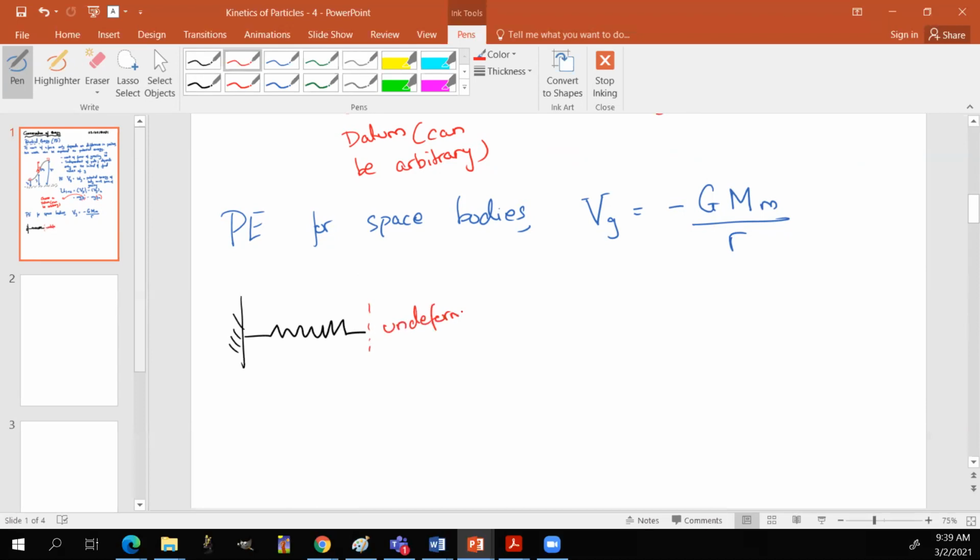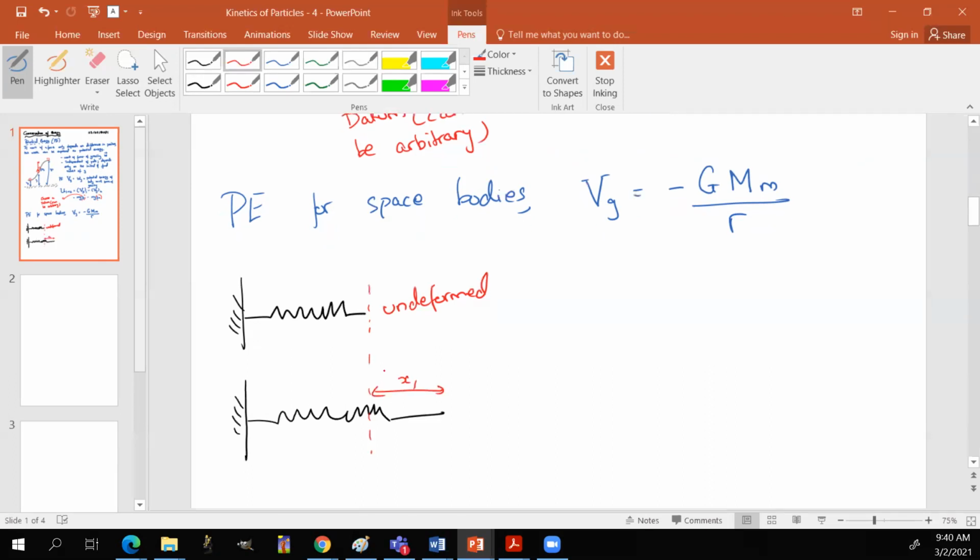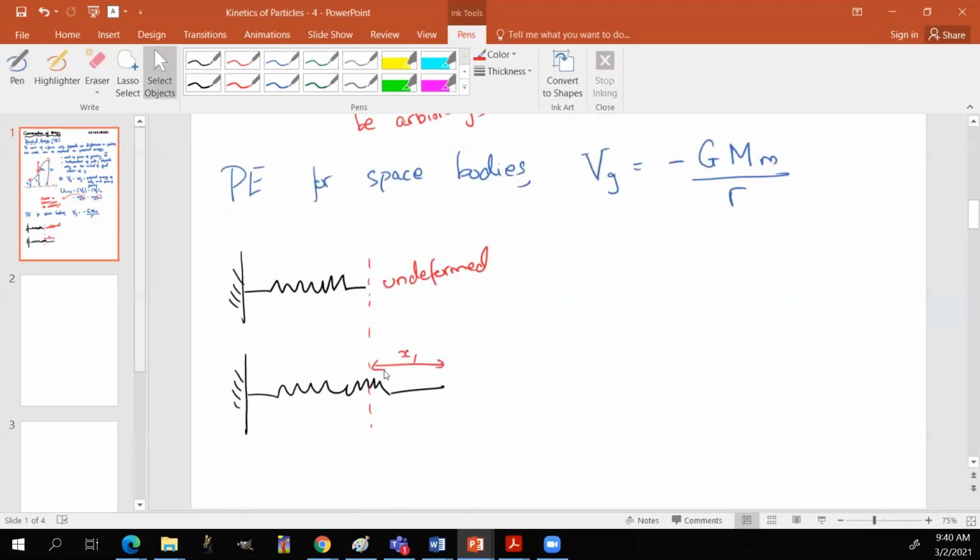Undeformed, right? Or you have it getting deformed to a certain amount, and let's say that deformation in this position here is x1. Or you could deform it even further.